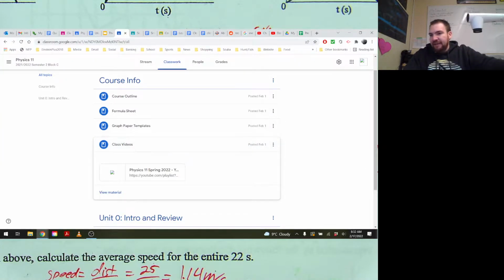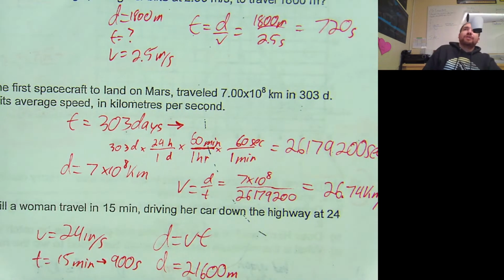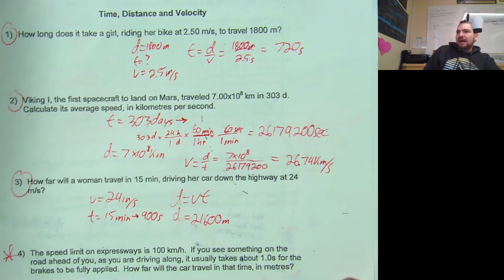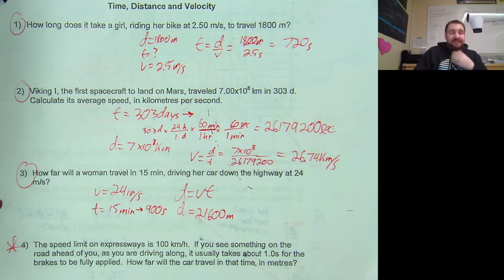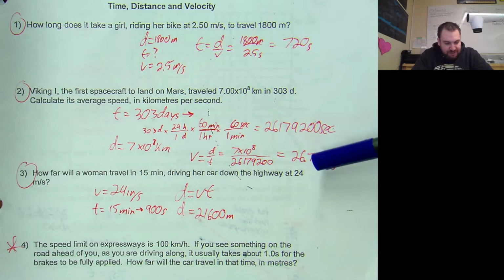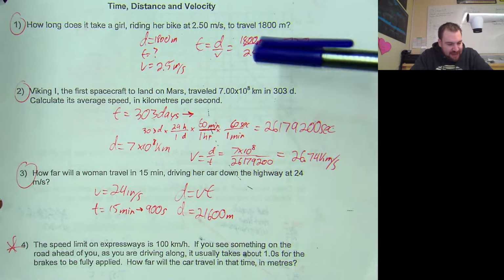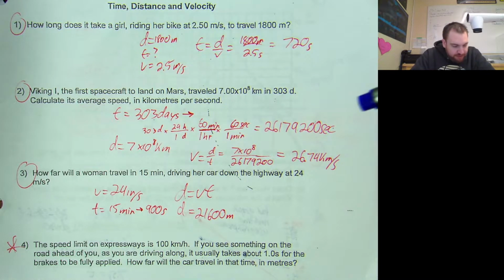Okay, the other thing I gave you is some additional questions back from this worksheet here. I gave you these first three. So I got 720 seconds, 26.74 kilometers per second, and 2,116 meters.